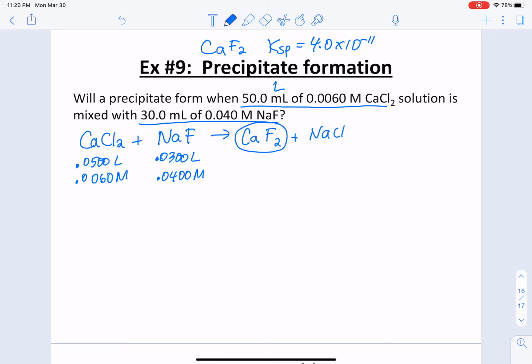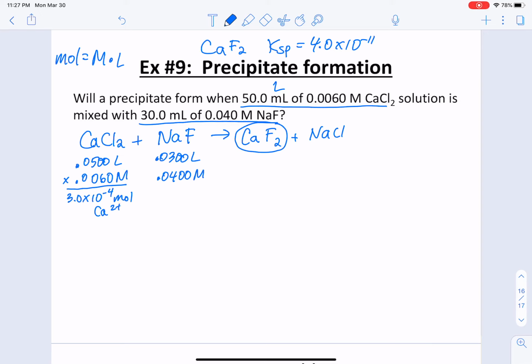And so again, I need the number of moles, which is molarity times liters. So 0.05 times 0.006 gives me 3 times 10 to the negative 4 moles, and this is of calcium ions.